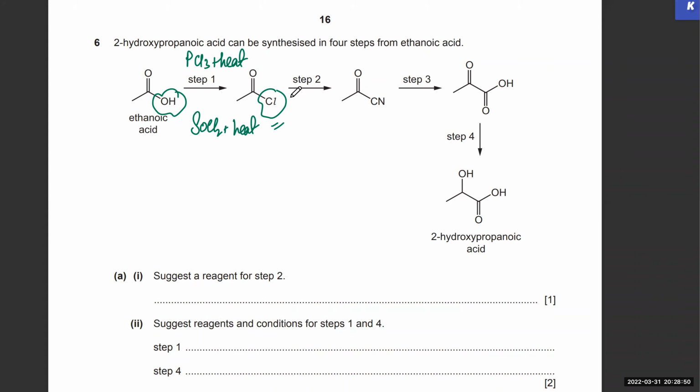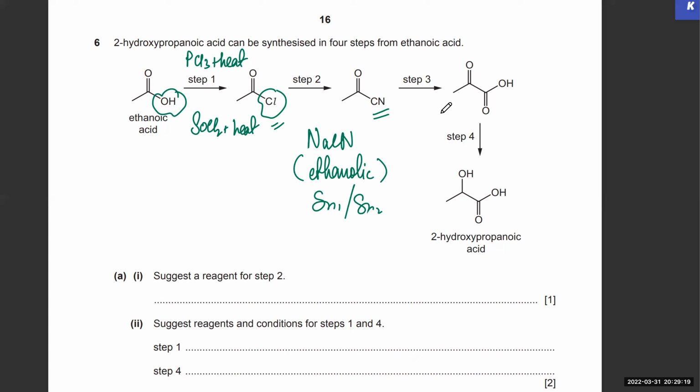And then the Cl is getting substituted by CN. The first one is: suggest a reagent for step 2. So this is a halogenoalkane where a Cl is getting replaced by CN. This used to happen with ethanolic NaCN, SN1, SN2 reactions.